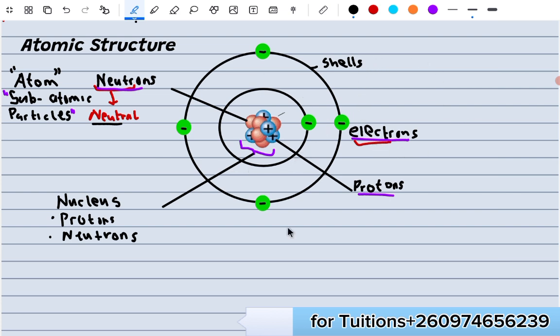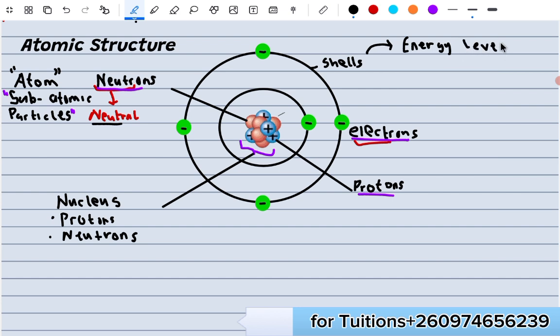Now these shells are also called energy levels.